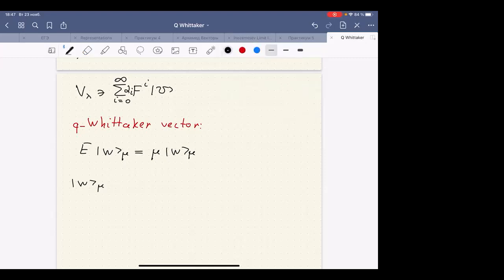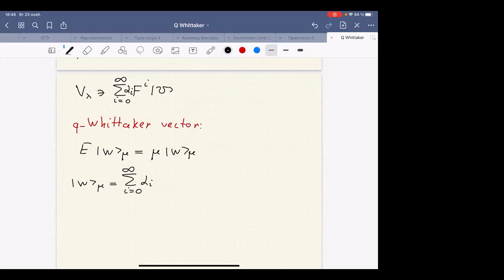Where are we? We are searching for a q-Whittaker vector. So I write it in the general form, and we perform all the calculations that we did in SL2. They are more or less the same, actually. So the story is not difficult.